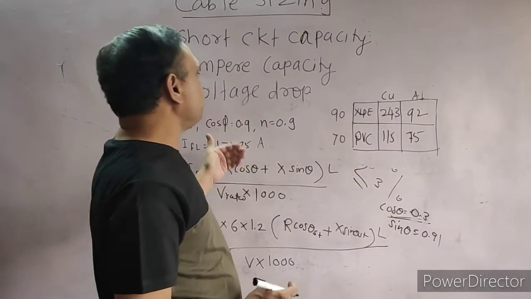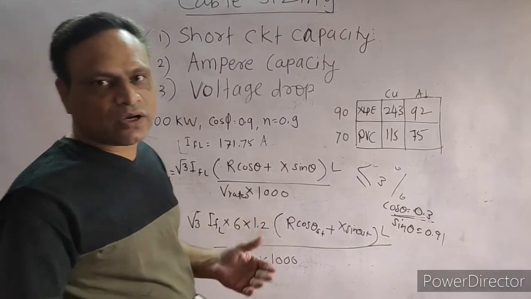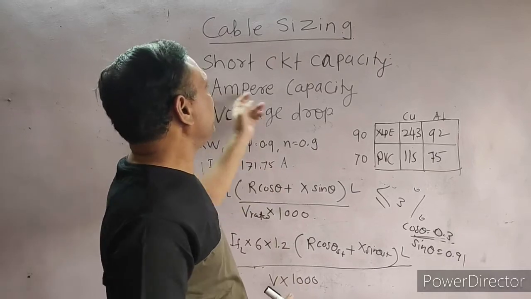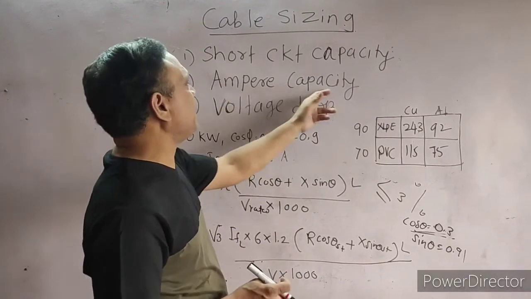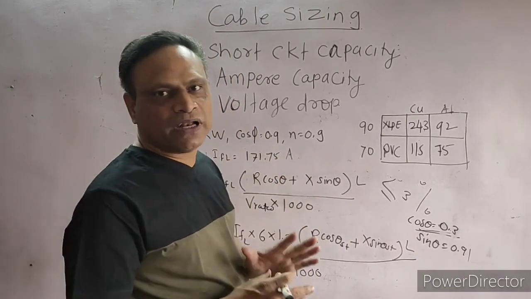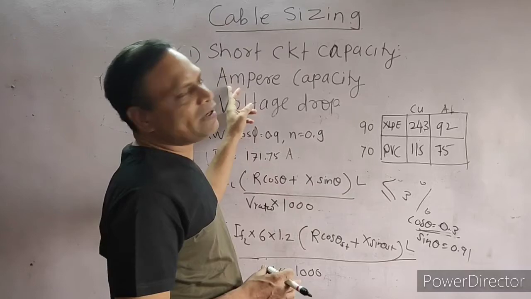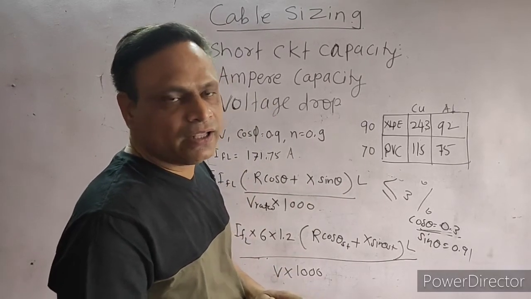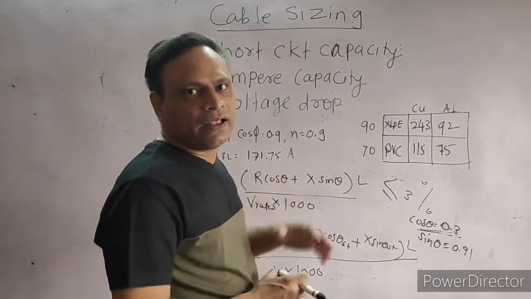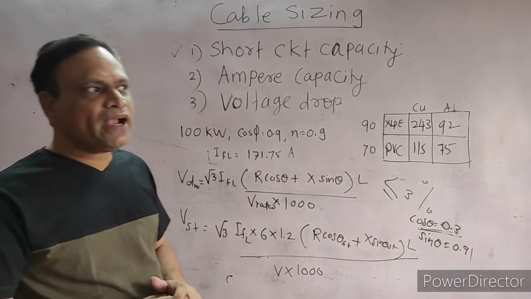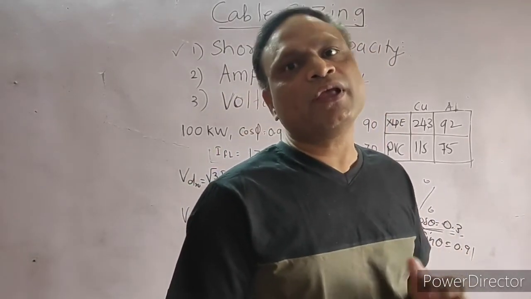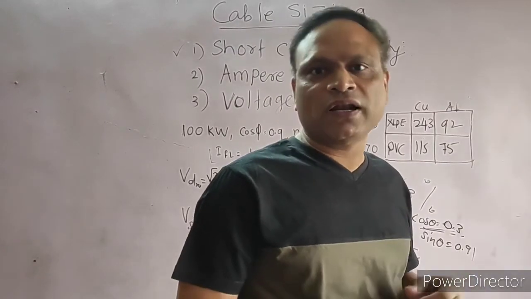So this gives us the selection of cable by the 3 criteria: short circuit carrying capacity, then ampacity factor, and third one is voltage drop. The voltage drop at running condition should be less than 3%. For cable selection according to the full load current, the selected cable's current capacity multiplied by the rating factor should be more than the full load current rating.